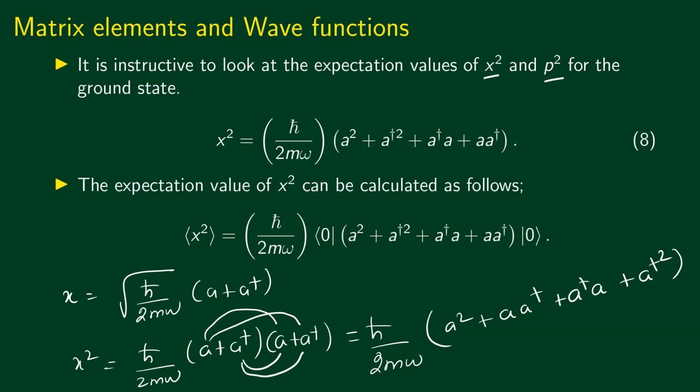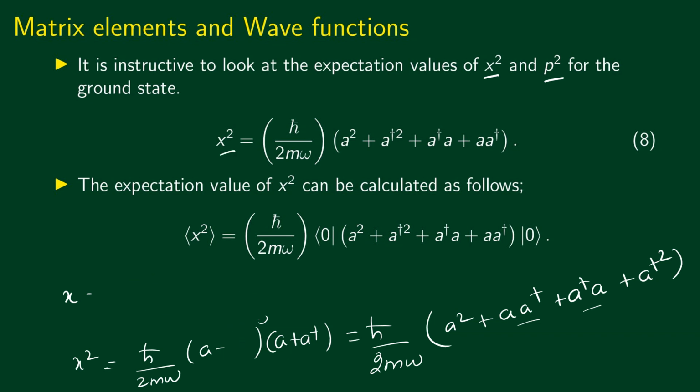Remember that with this kind of expression, you should not simply use the (a plus b) squared formula, because A A dagger is not equal to A dagger A. So you have to write these terms separately. X squared is ħ divided by 2mω times (A squared plus A dagger squared plus A A dagger plus A dagger A).